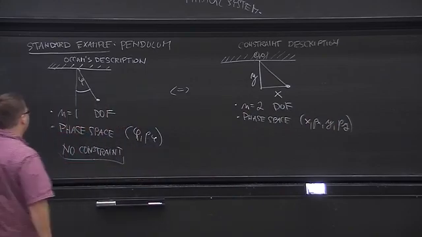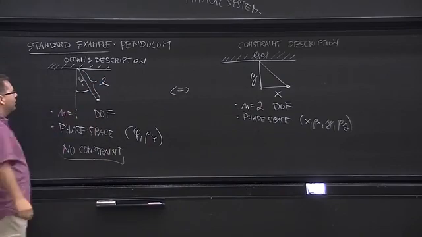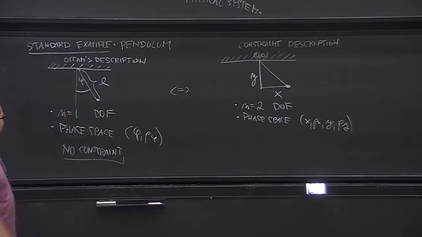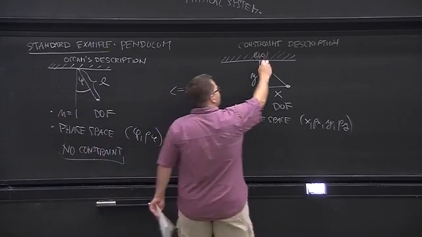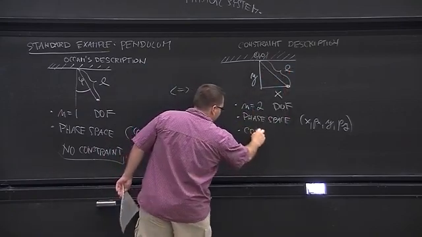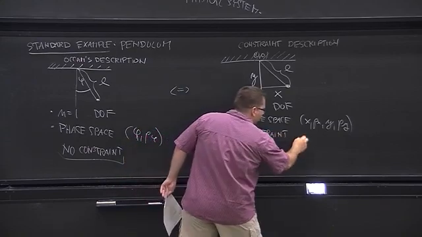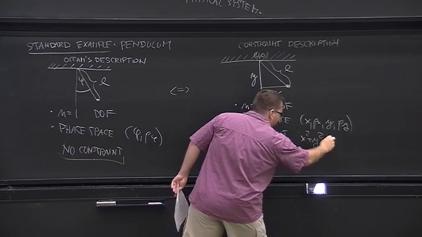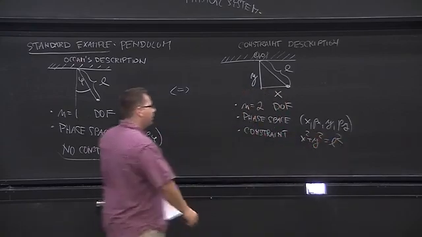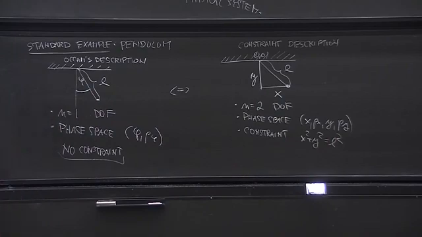But we have also a constraint. I didn't say it here, but we assume that the length of the pendulum is fixed and equal to L. So we have a constraint x squared plus y squared equals L squared. Okay, and that's our constraint.